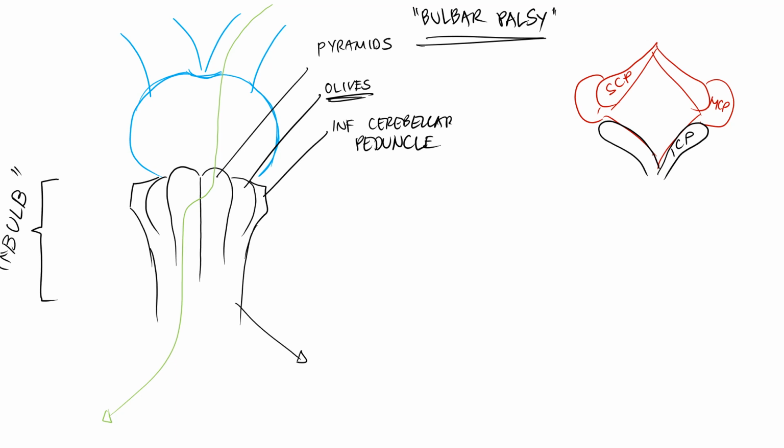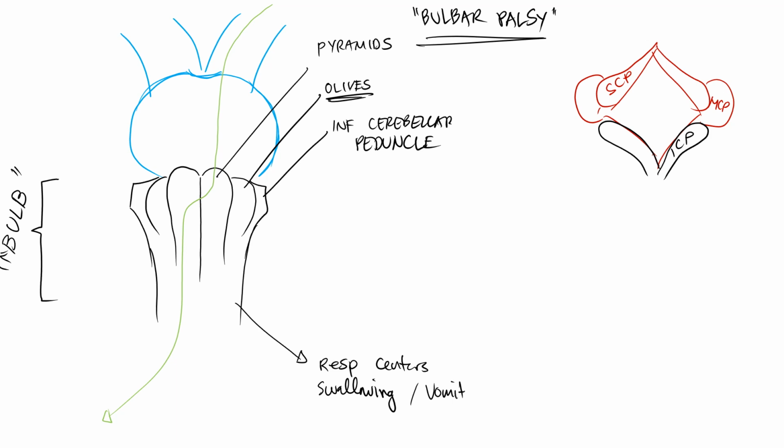What's important with your medulla is that it has your respiratory centers. It is where you have neurons checking your CO2 levels, your O2 levels. It regulates how fast or how slow your respiratory rate is. It is also where you have your swallowing centers, the nuclei responsible for swallowing. You also have vomit centers there.